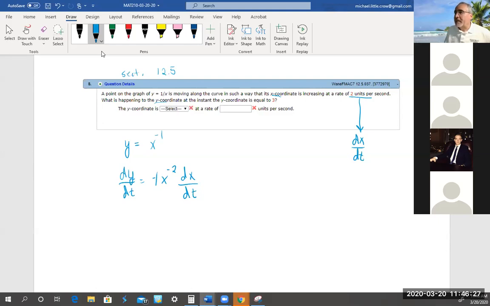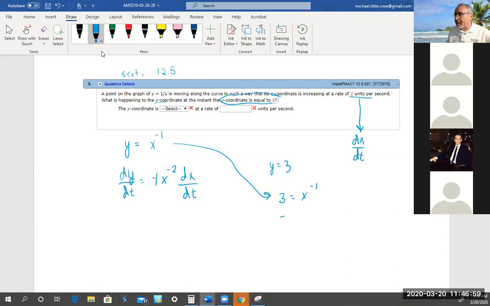Y coordinate at the instant that the y coordinate equals 3, so we know what y equals. Y equals 3. We don't really need to know y, we need to know x, but by putting it into this, we can find x, okay? So what we know is that 3 is equal to x to the minus 1.